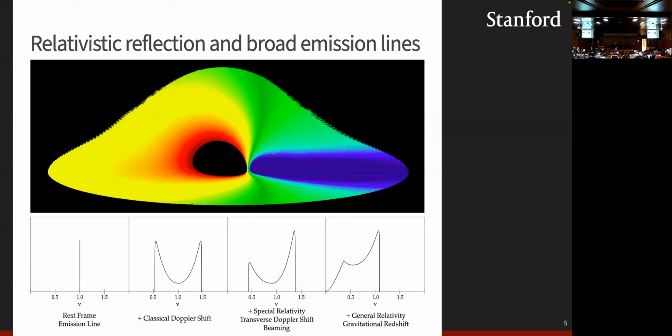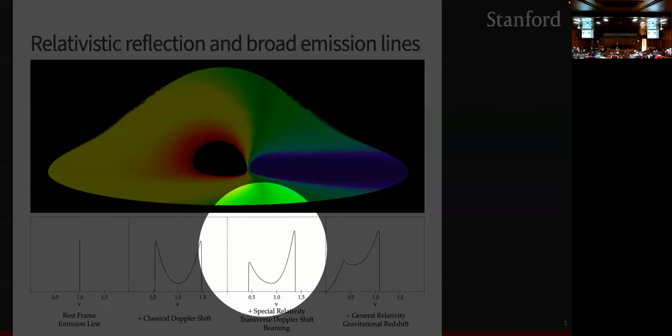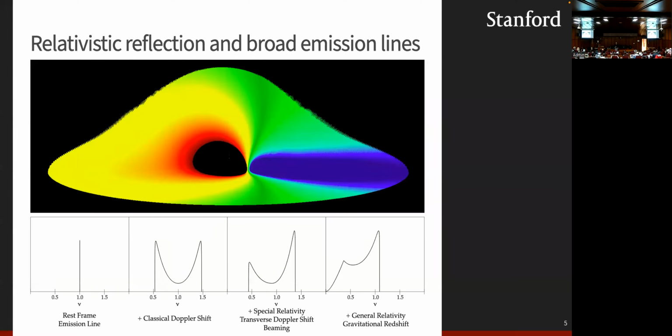So the blue shifted side of the line appears brighter than the red shifted side, because the blue shifted emission gets beamed in our direction, and the red shifted side gets beamed away from us. So that's just special relativity.